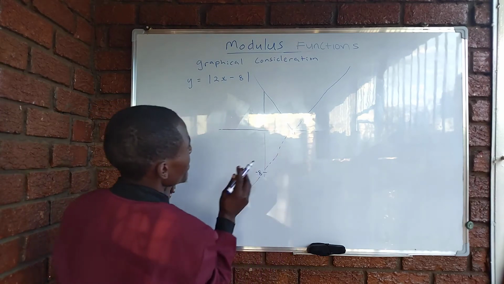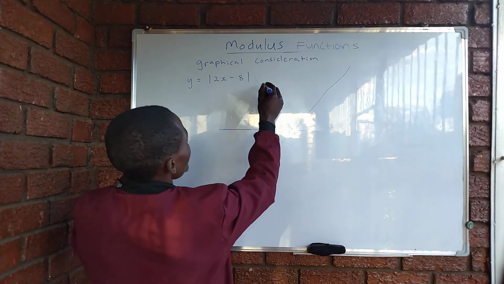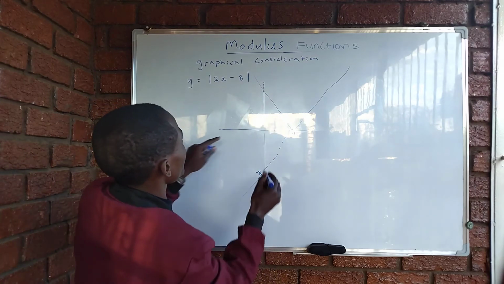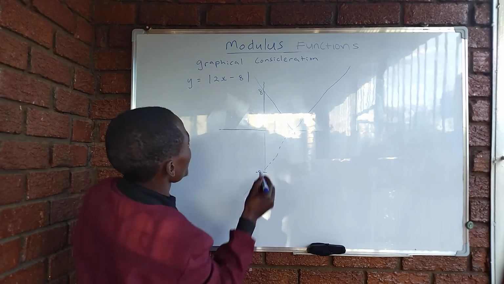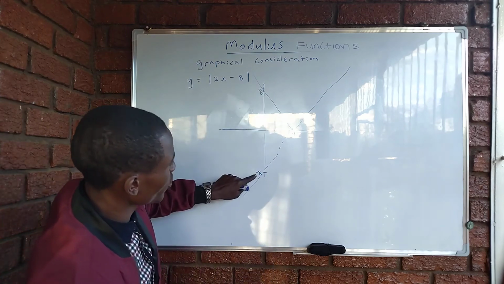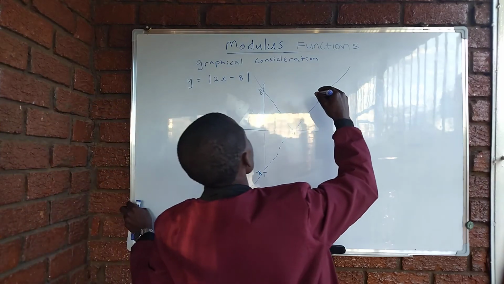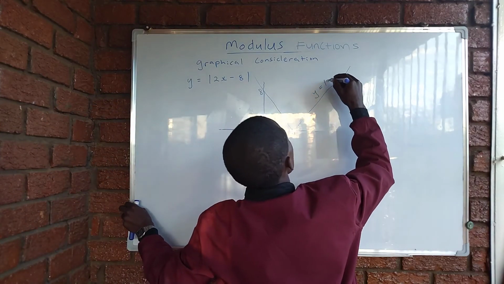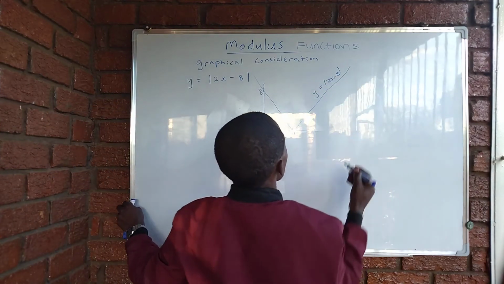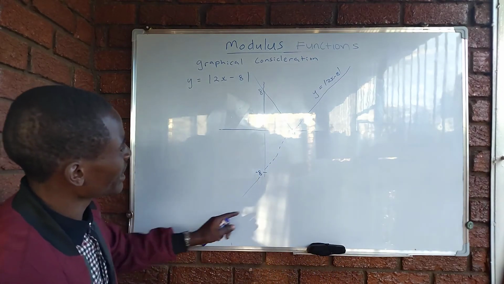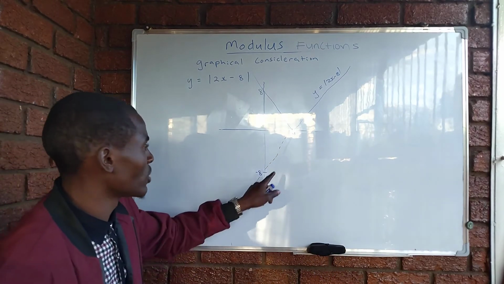So the distance to the point is 8, and the reflection is equal. So this is the modulus y is equals to modulus 2x minus 8. That's how you draw it. The dotted line shows the reflection.